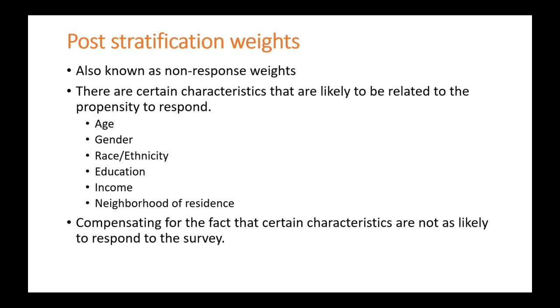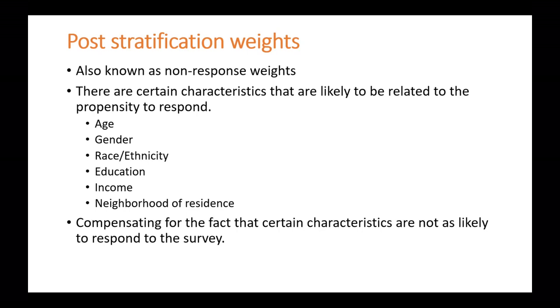When it comes to gender, it has been seen time and again that females are more responsive to surveys compared to males. It has also been seen that females tend to complete a survey more accurately compared to their male counterparts. Race, ethnicity could play a role, the education of the person could play a role, income, neighborhood, all these factors play a role when it comes to the propensity of responding to a survey.